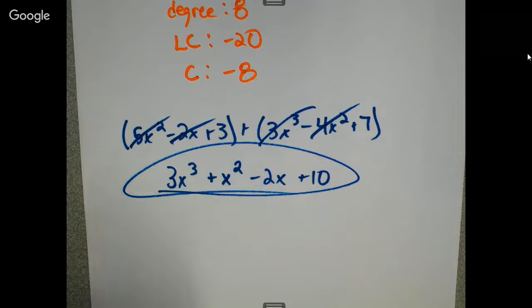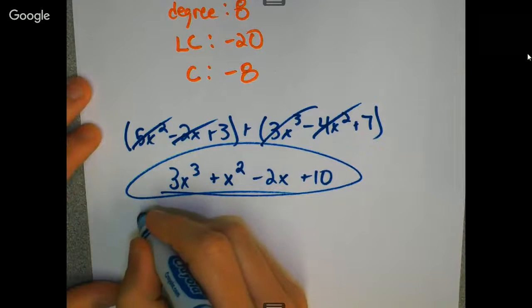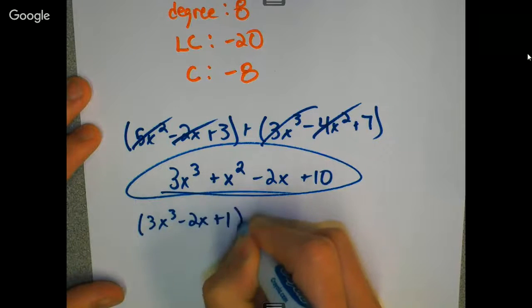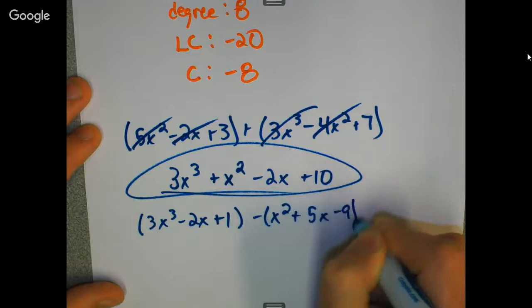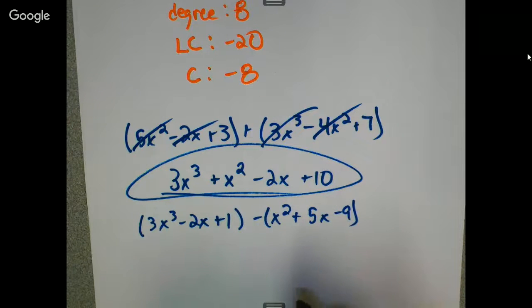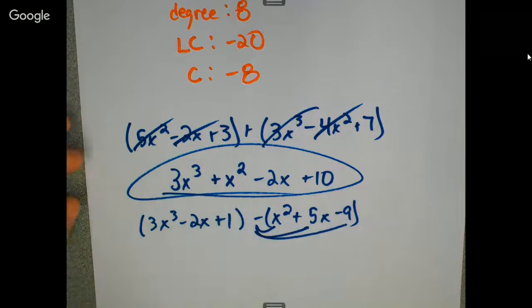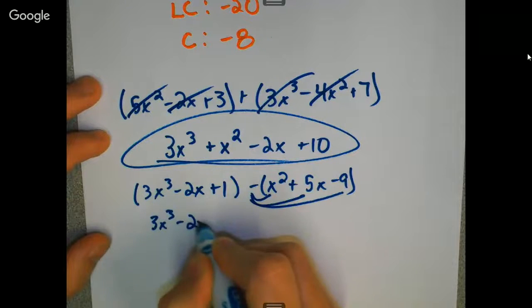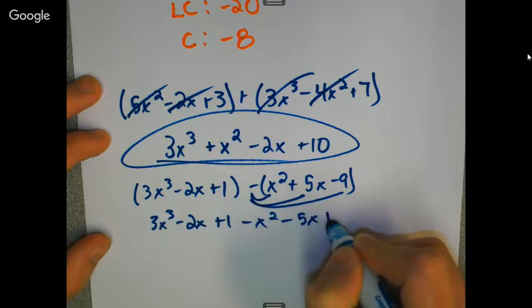We can do subtraction very similar to that. Okay, so in this case, I'm going to distribute that negative into everything after. So this is 3x to the third minus 2x plus 1 minus x squared minus 5x plus 9.